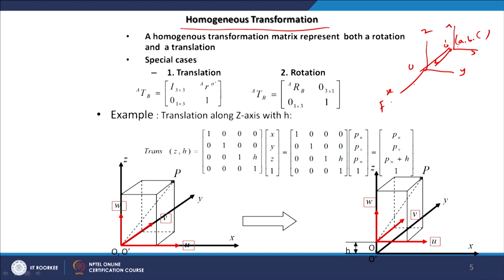So in that case we can write any point P with respect to the new coordinate frame as x1, y1, z1, and the same point with respect to the old coordinate frame as x, y, z. Then we get the relation x is equal to x1 plus a, and y is equal to y1 plus b, z equal to z1 plus c.